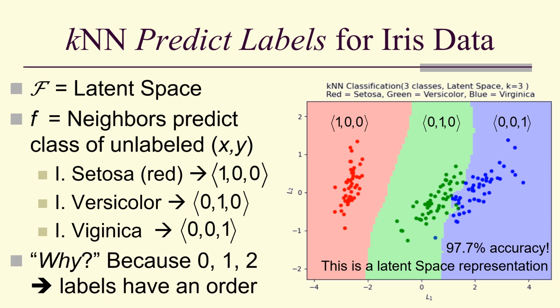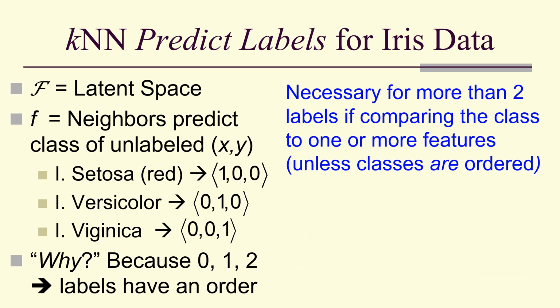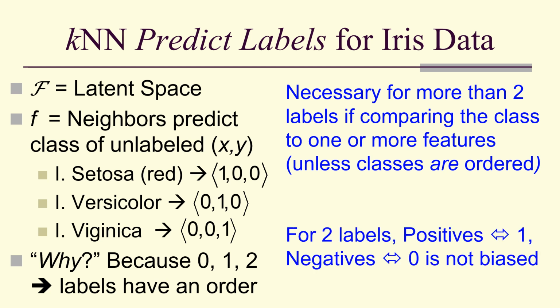Why? Because the order 0, 1, 2 is biased. We don't want the labels to have a bias that we introduce. So if we have more than 2 classes, then we need to do this, unless the classes truly are ordered. But for 2 labels, positives are 1, negatives are 0, and we don't have to worry about bias.